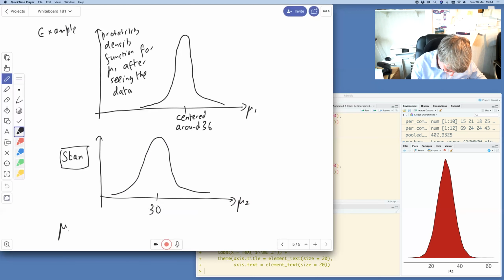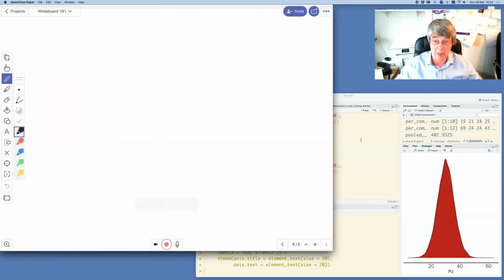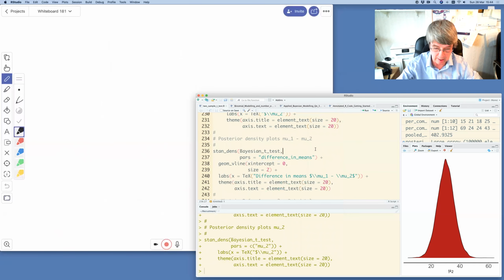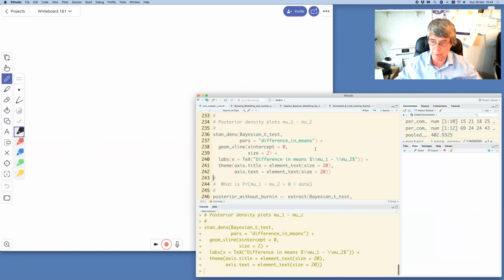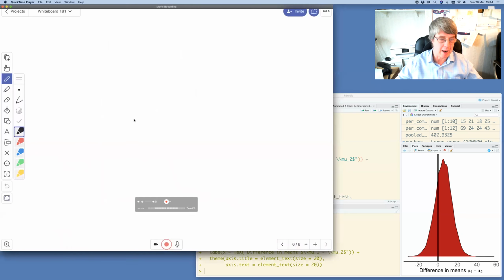And the combination that we were interested in before was mu1 minus mu2. So what we can do is ask the computer to produce a plot of what we believe about mu1 minus mu2 after seeing the data, and that's shown there.